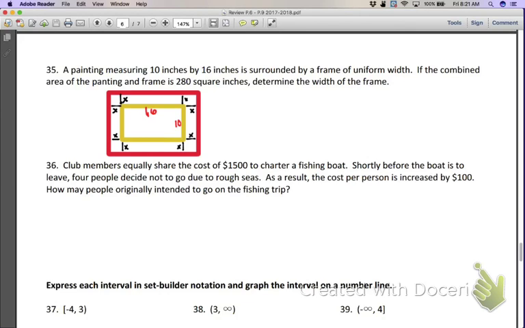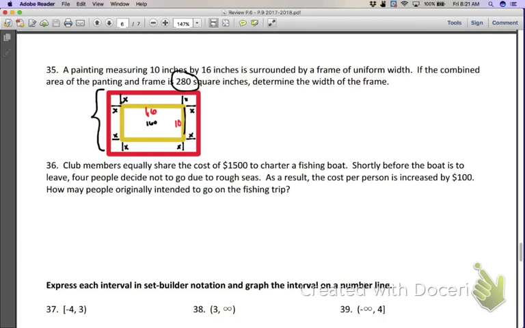So if the total area of the whole thing, not just the picture, we know obviously this is 160 inside for the picture, but the total area is 280. So what's the actual width?